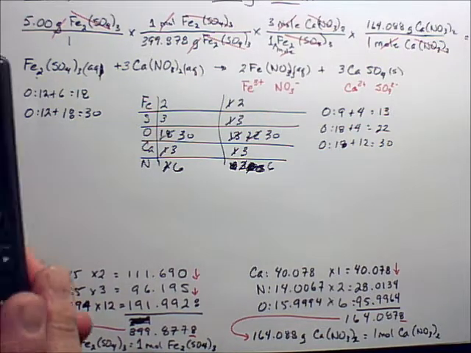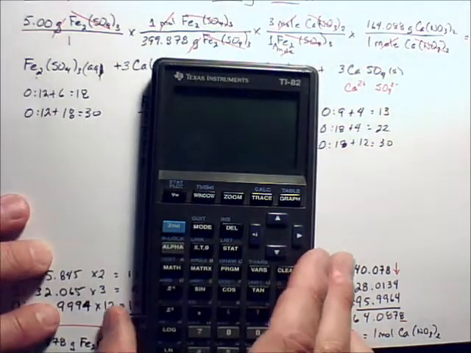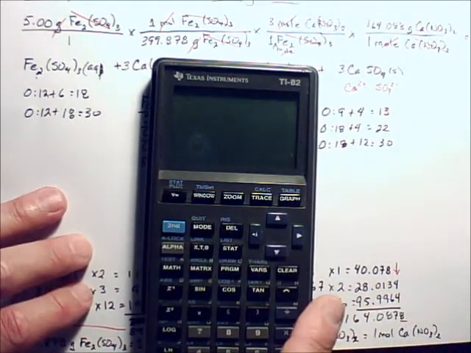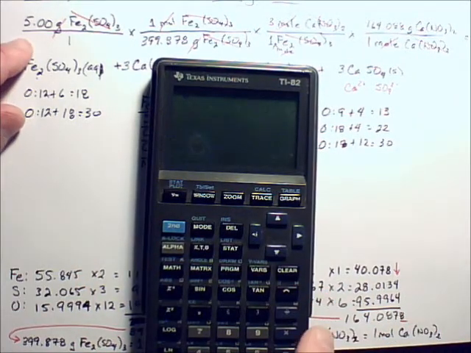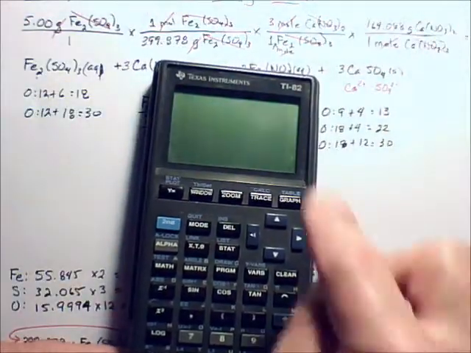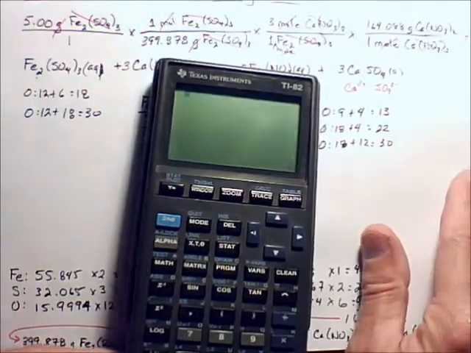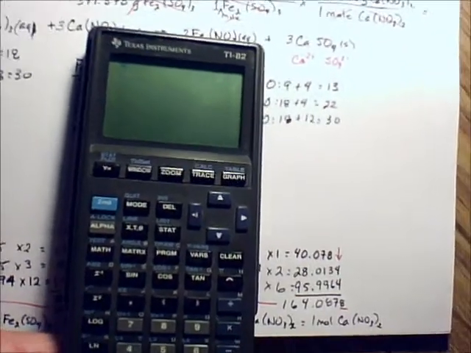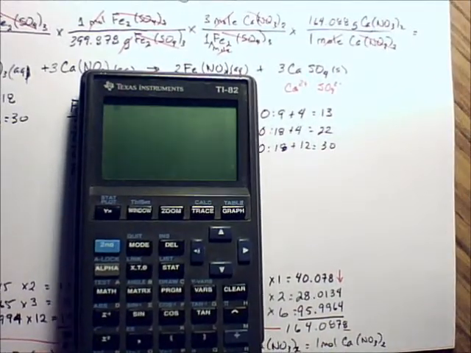I earlier gave you a quick way to use your calculator to do this. I want to remind you of that. You're going to take each thing across the top and multiply it. And of course, multiplying by 1 gives the same number, so you could just ignore that.